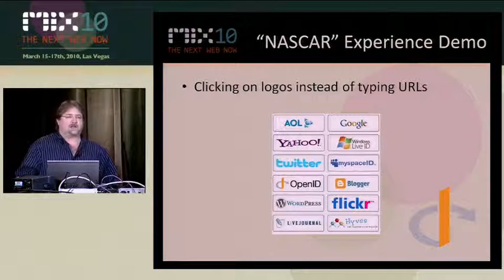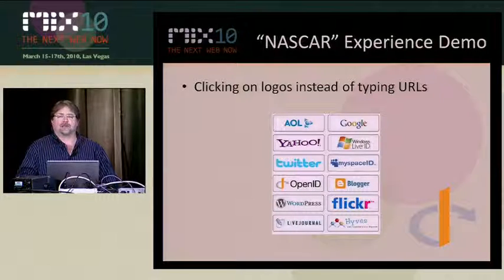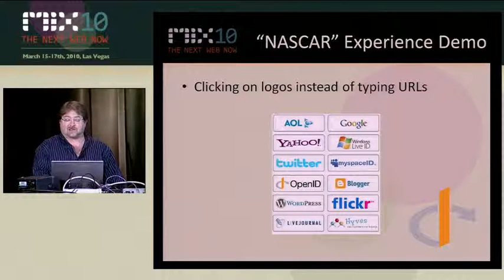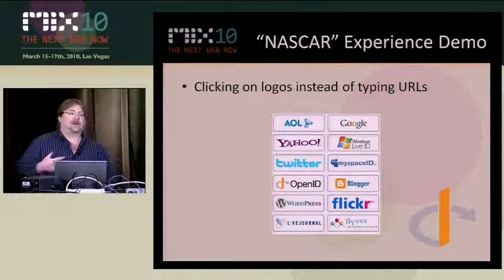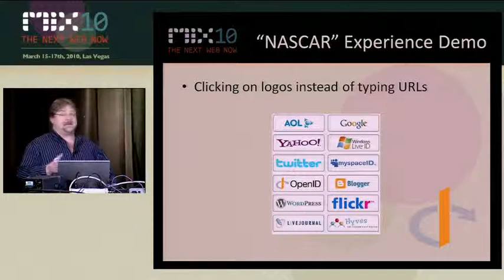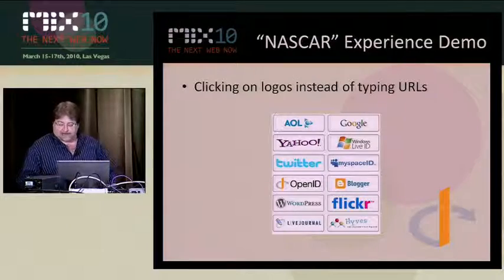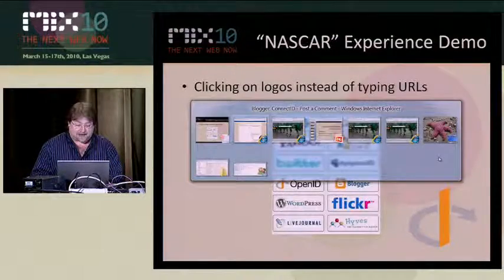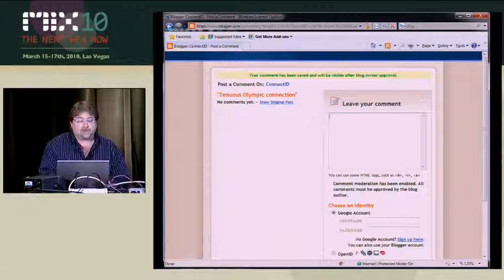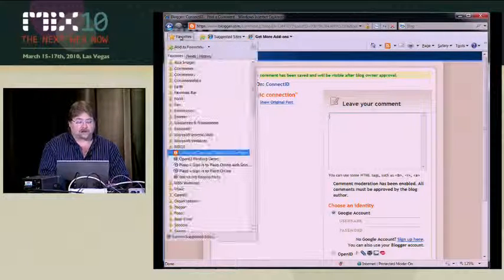So the way the industry's improved that is the relying parties start putting logos of different potential identity providers on their sites. And this is an actual set of logos found on one site. And you know, this is easier to use demonstrably. So let's show you what it's like to actually use one of these, what they call NASCAR screens.